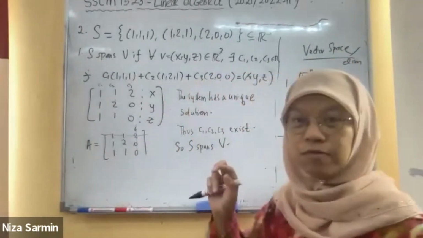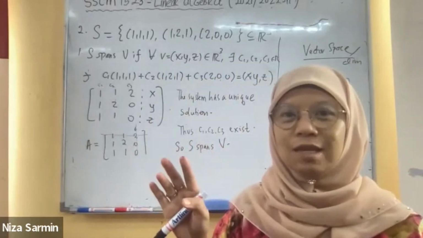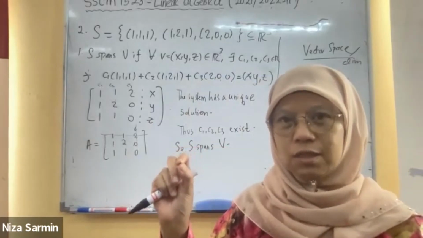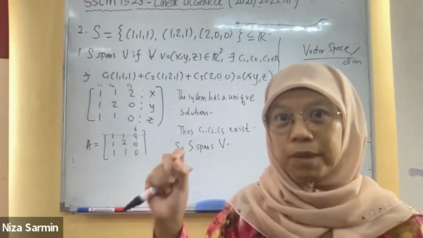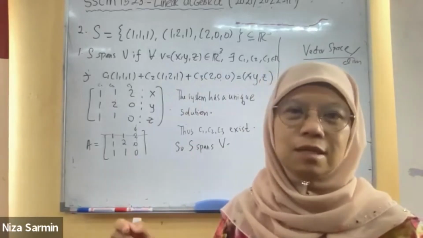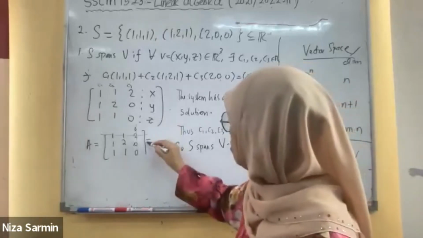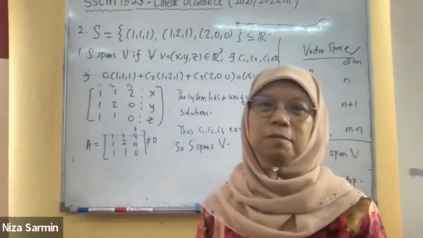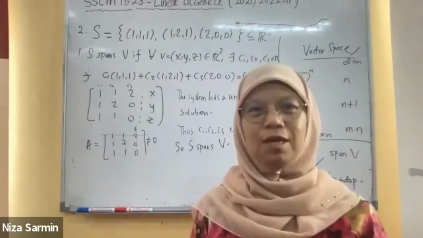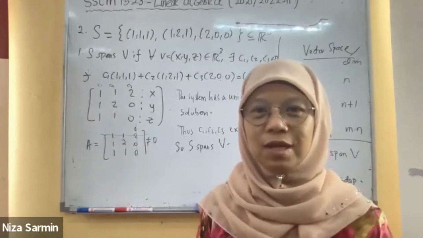But for the case M equals N, once you show it spans, automatically the determinant is not 0. It is also linearly independent, but you cannot just say that, you have to write out the definition anyway.